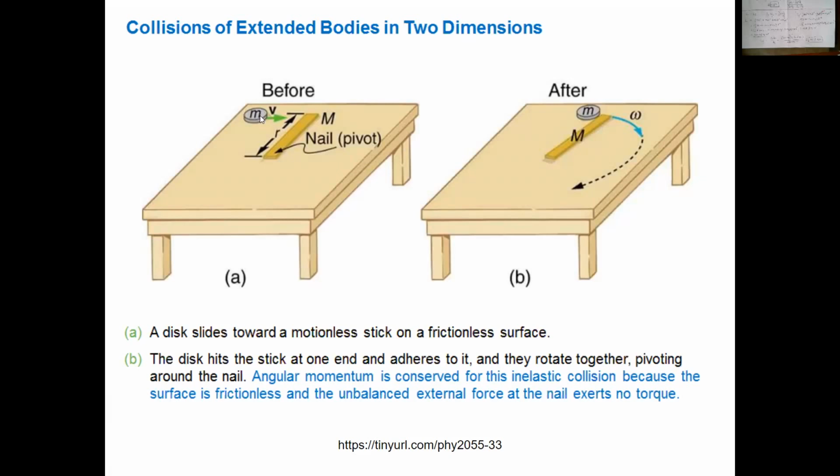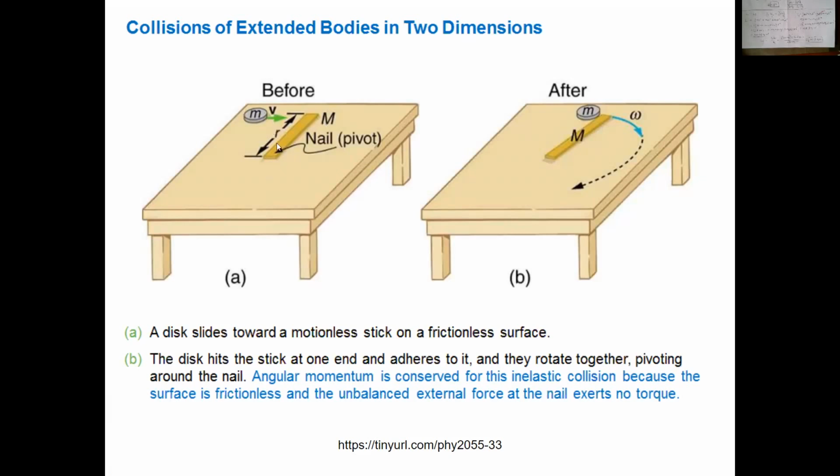Now, if you have a small object, which you can consider as a point mass, moving towards the other end. After the collision, if the small mass sticks to this piece of ruler, then they will rotate together. So in this case, it's a rotational collision.